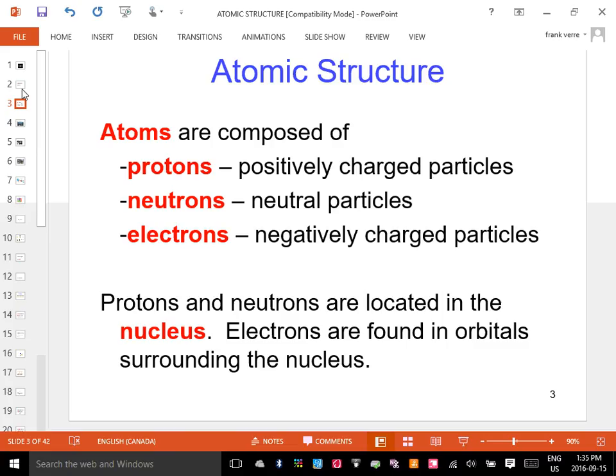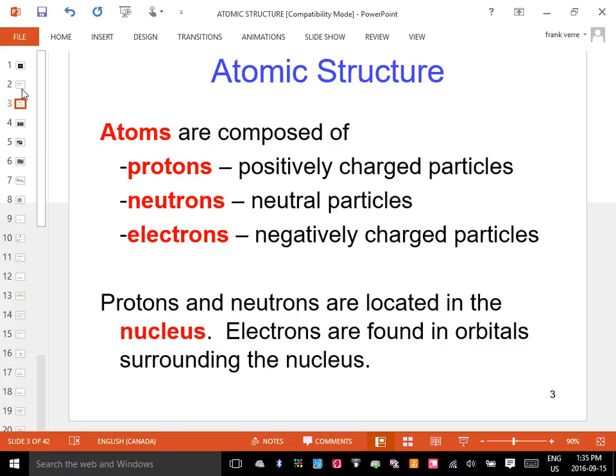But what's different is protons are charged, +1, positively charged, whereas neutrons are neutral. And then what zips around the nucleus are those things called the electrons. So you probably learned that atoms are made up of protons, electrons, and neutrons.